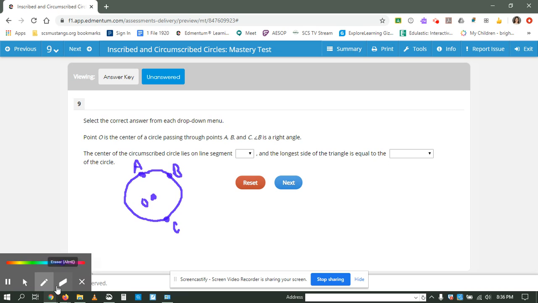And then it tells me that angle B is a right angle. So I'm going to draw this in a little bit different color. So there's my angle B, and they're telling me that this is a right angle.